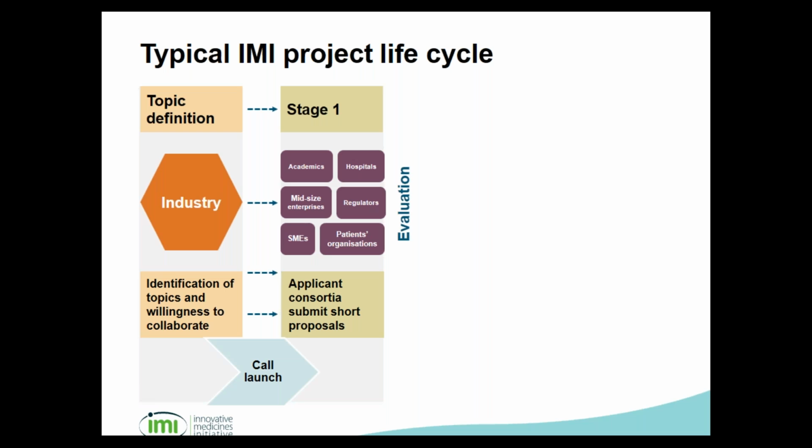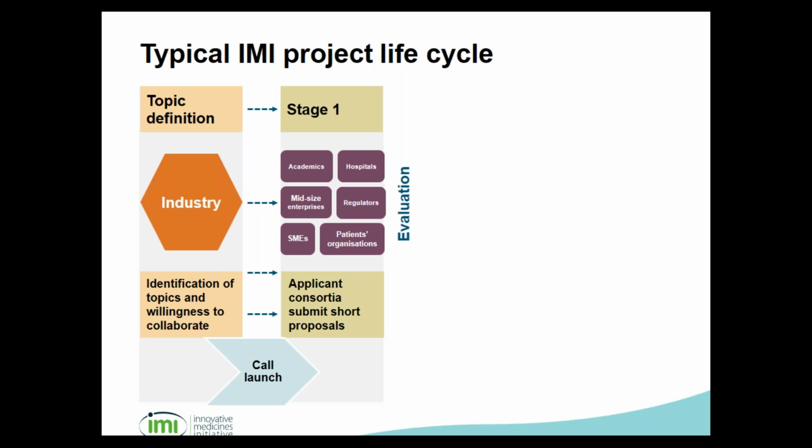It's important then that you submit your short proposal by a deadline, which is in early March. This is then evaluated by an independent panel of evaluators, and the best proposal submitted then goes through to the next stage.